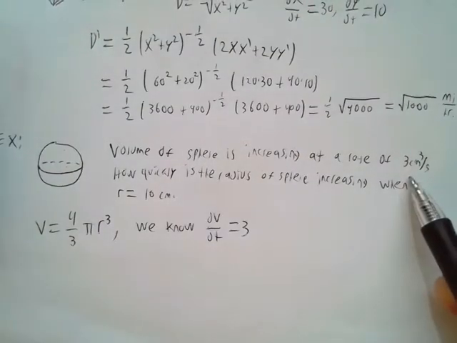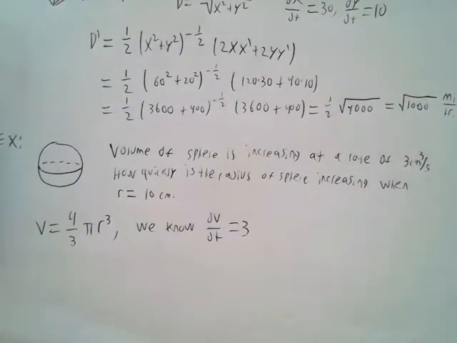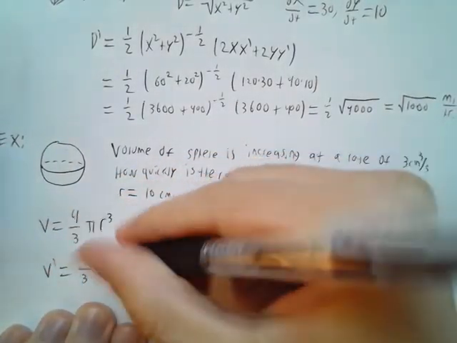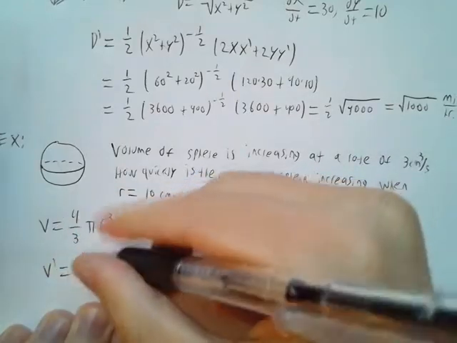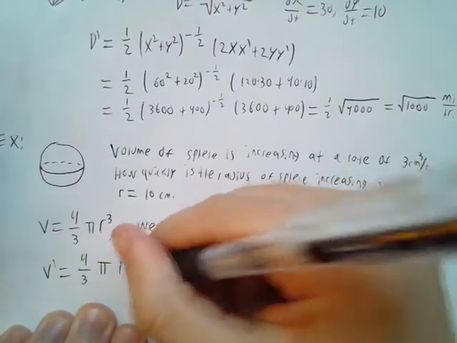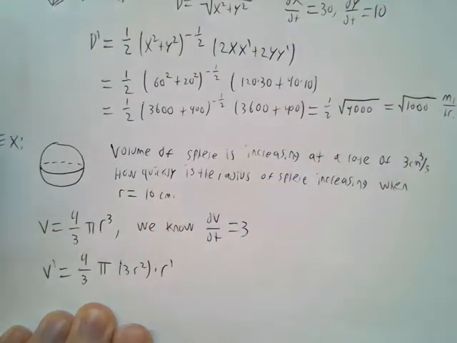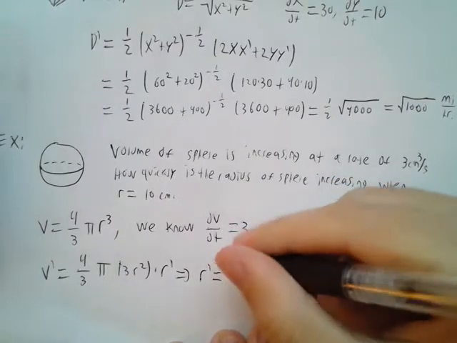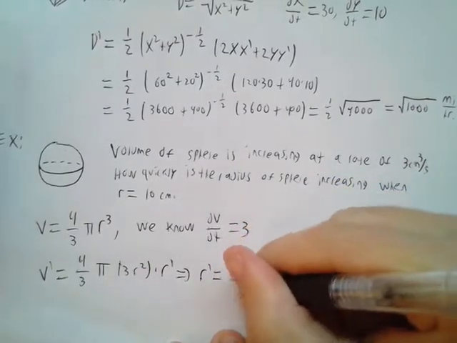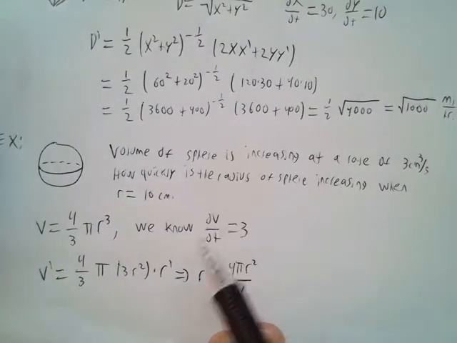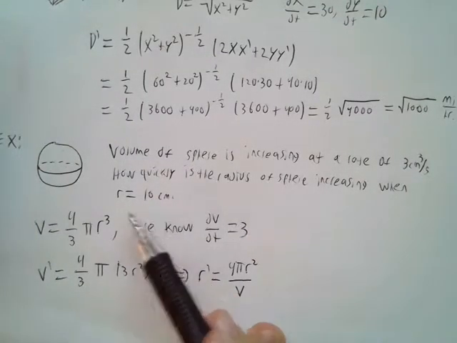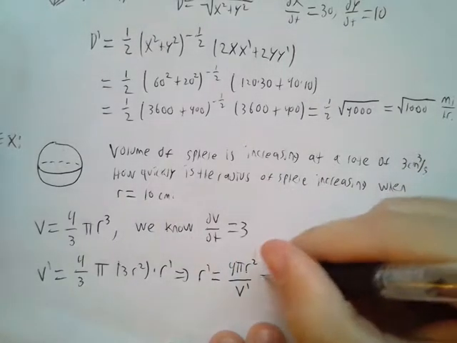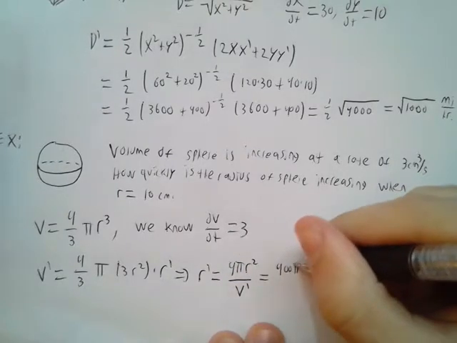So we can find by the chain rule V prime is equal to 4/3 pi times 3r squared times r prime. Then if we isolate r prime, we get that r prime is equal to V prime divided by 4 pi r squared. Now we're told that we're interested in the time when r is equal to 10. So that means we have 3 divided by 400 pi. And that will be our final answer.